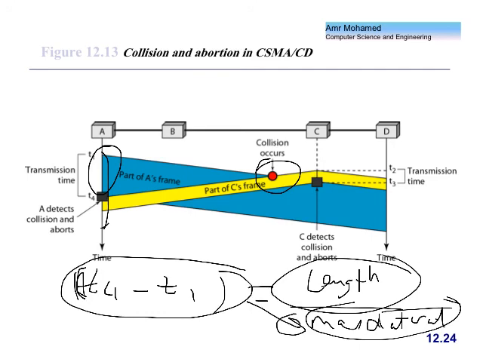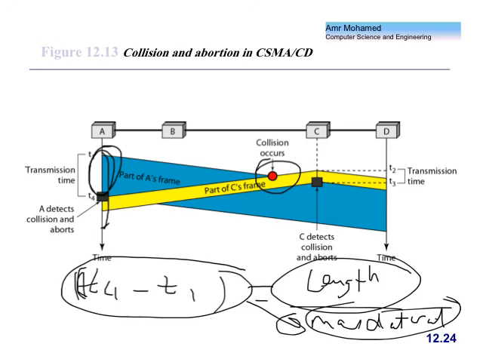We still did not answer the question. What is the minimum frame length in that case? Well, the minimum frame length happens when the signal travels all the way, then someone detects that the collision has happened, and then it should try to send something back which causes the collision to happen.